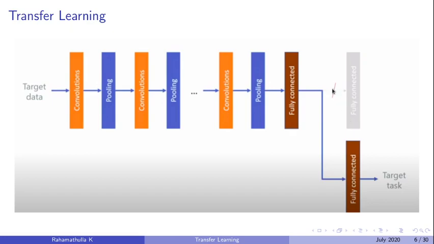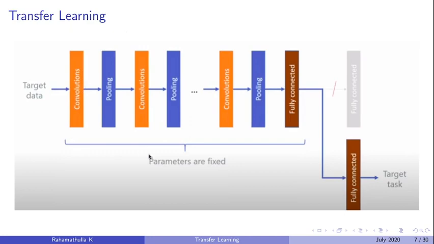You cut that and you place another fully connected layer here, and that layer is going to detect your target task. Maybe for detecting the scene types, you apply that fully connected layer. So the rest of the things you keep as it is, and that is how we usually do transfer learning.